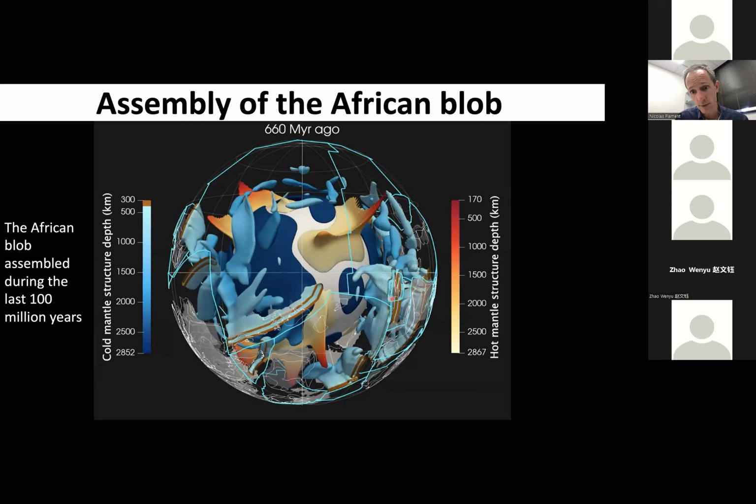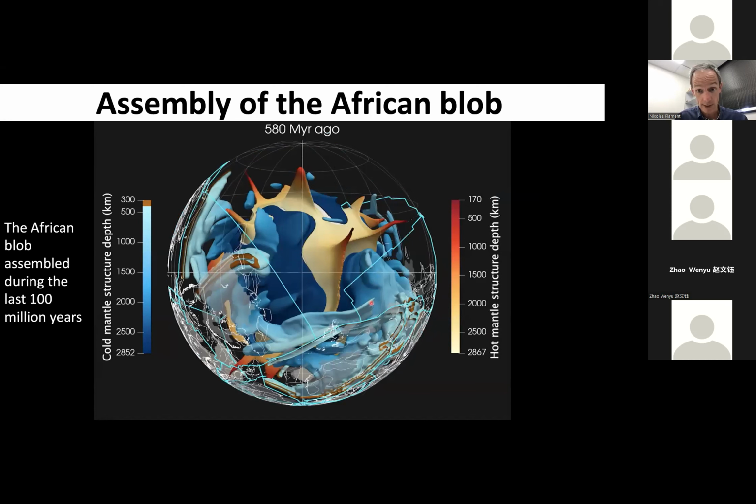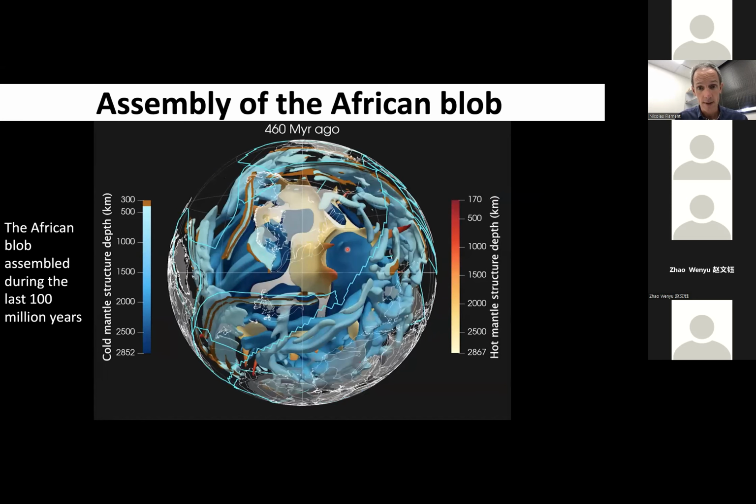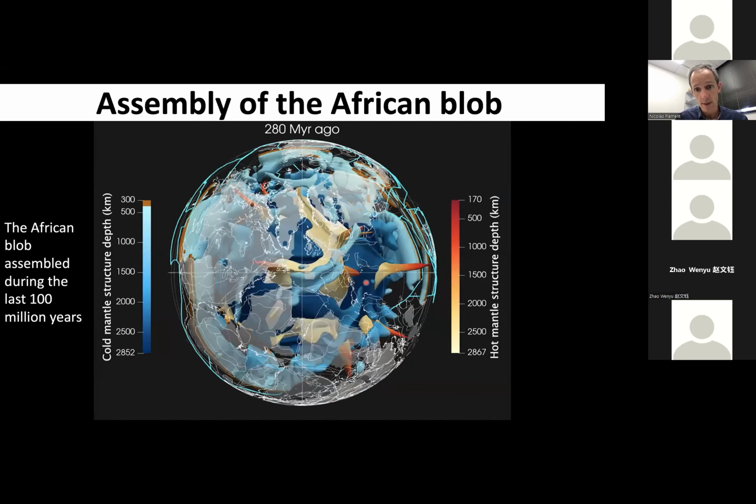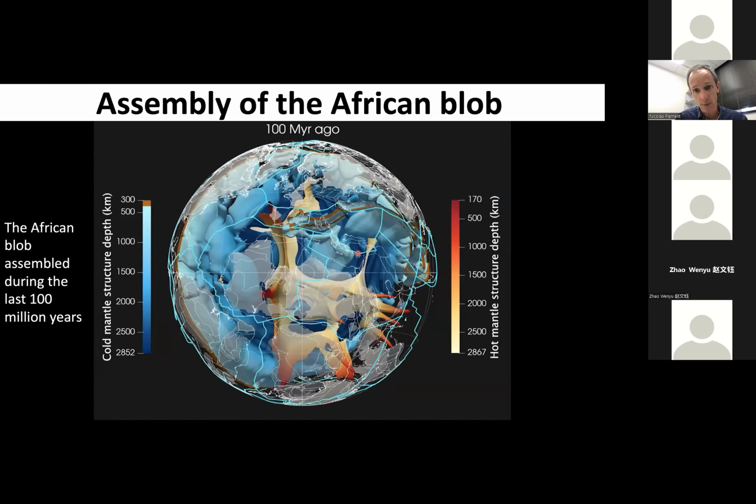What you saw, these West Gondwana slabs, they originate from around these blocks. They sink into the mantle. A lot of material gets down. You can see that this is a significant blob. This is what's in that scenario. And it persists at 460 million years ago, 280 million years ago, and it will then divide into a northern part and a southern part.